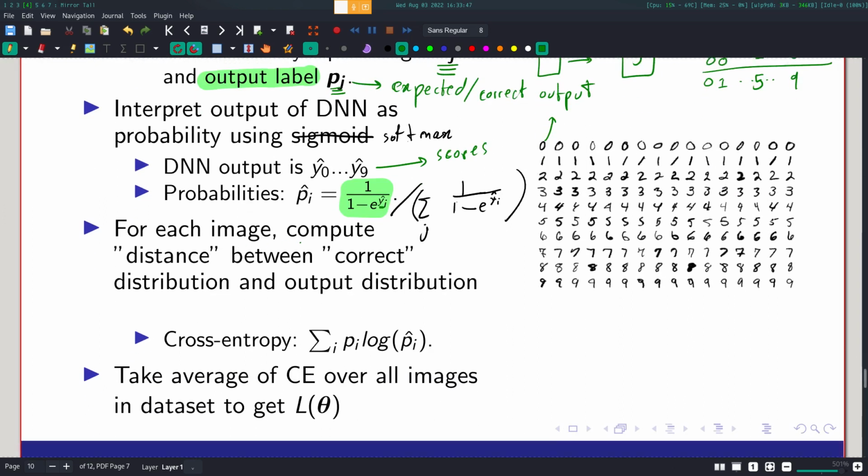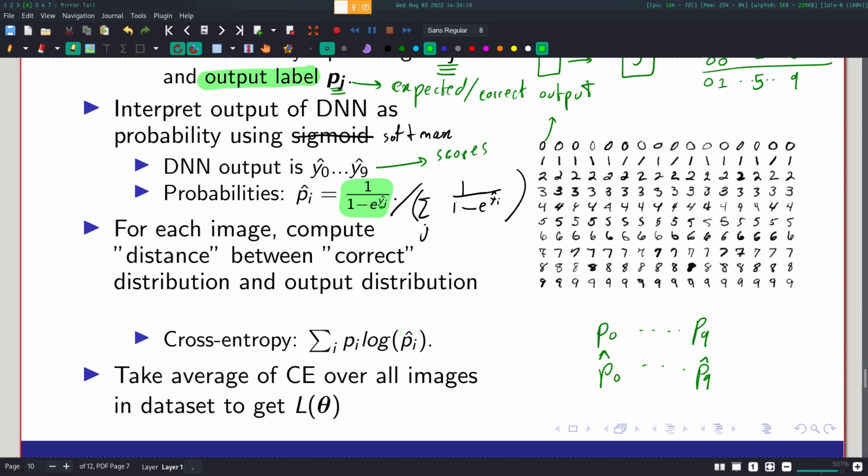So now we have these probabilities, and our second step is to compute some notion of distance between the correct probabilities and the probabilities that we have. We have one distribution which is the correct distribution, P0 to P9, and then P0 hat to P9 hat, which represents the output distribution from the neural network, and we have to find some measure of distance between them.